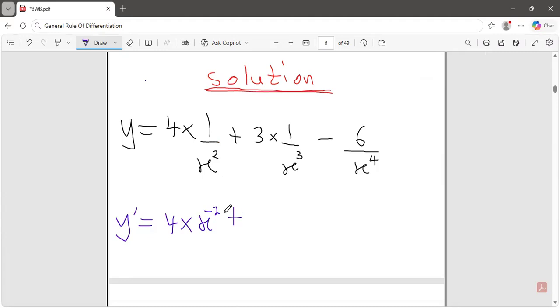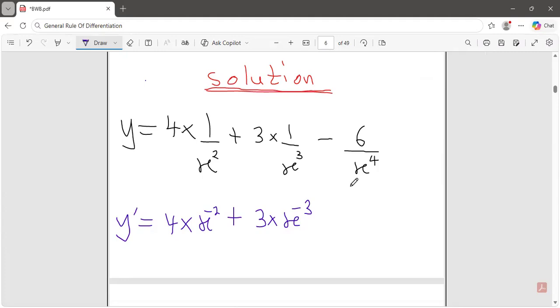If you don't make it linear and you try to solve it in fraction form, you will face a lot of challenges. And this is also going to become 3 times x exponent -3.